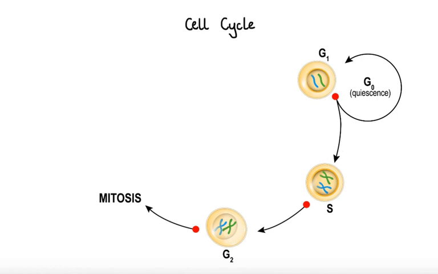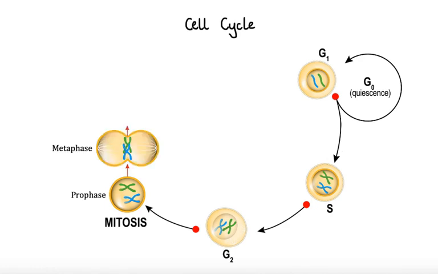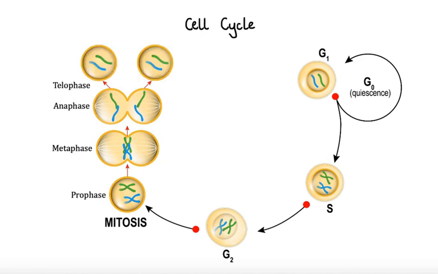Now, the process of mitosis itself is divided into a few different stages. The main stages are prophase, during which chromosomes appear condensed and the nuclear envelope breaks down; metaphase, during which the network of microtubules growing from the centrioles at the cell poles align the chromosomes in the middle of the cell; anaphase, during which the chromosomes are separated and move to opposite sides of the cell; and lastly, telophase and cytokinesis, during which nuclear membranes form around the separated chromosomes and the cell pinches off, bringing about the separation into two daughter cells.